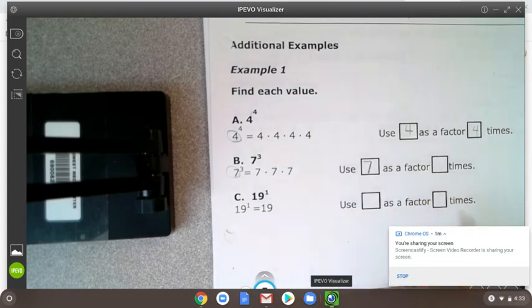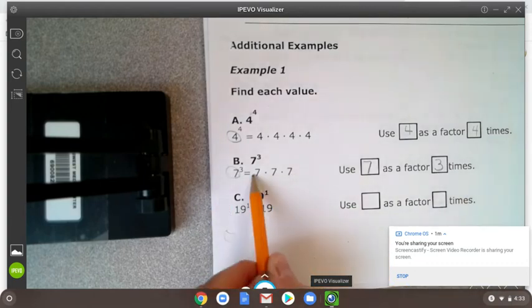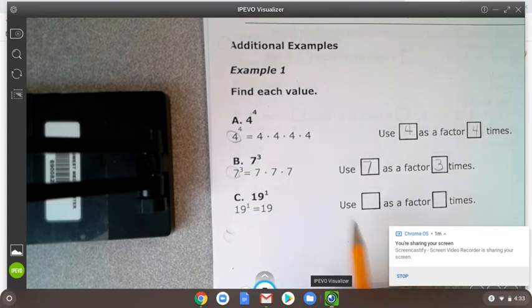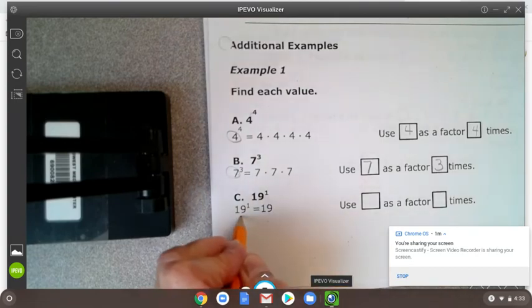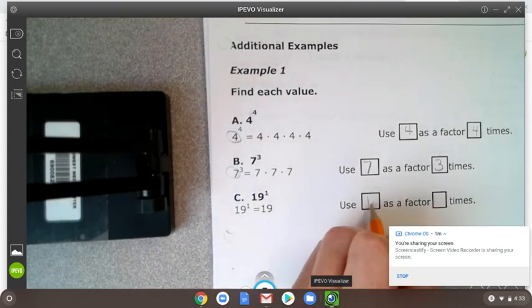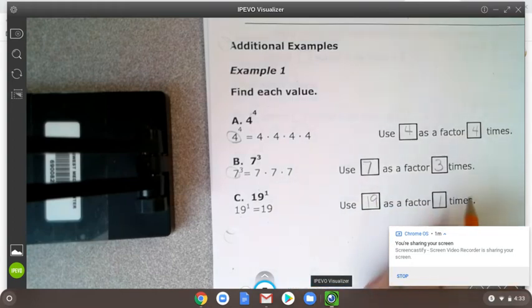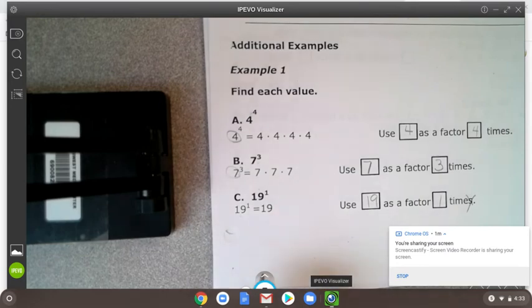The 7 is a factor, and it's being factored 3 times. It's being multiplied by itself 3 times: 7 times 7 times 7. And then for 19 to the 1st power, 19 is being factored 1 time. And that just means 19.